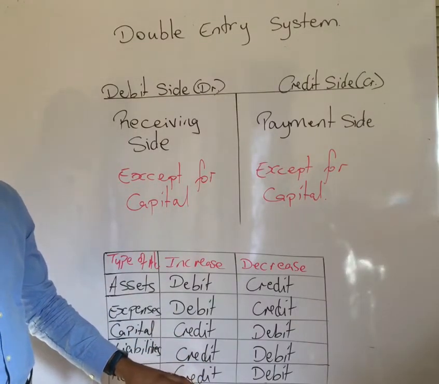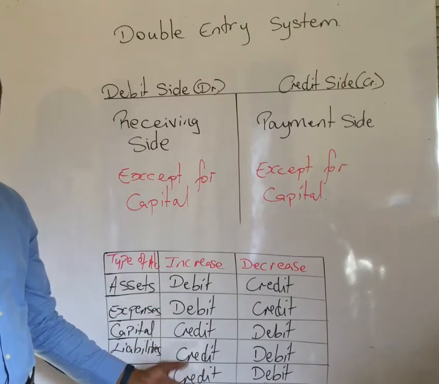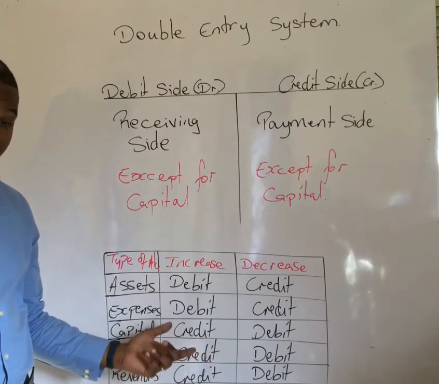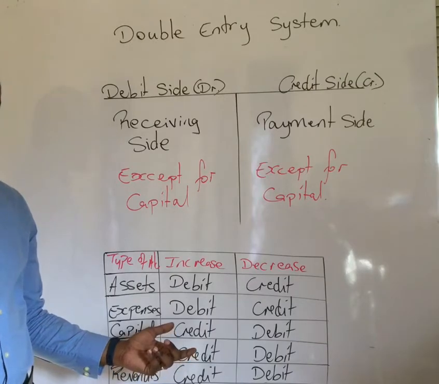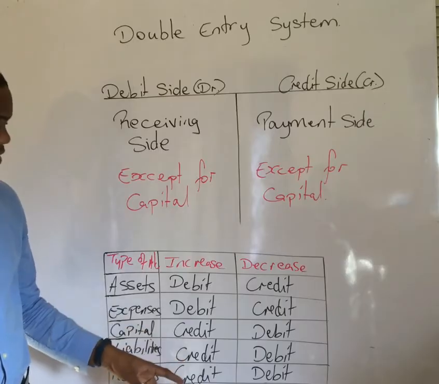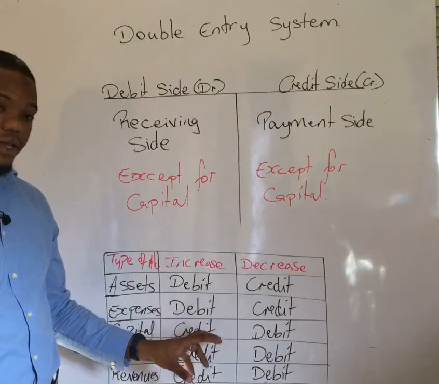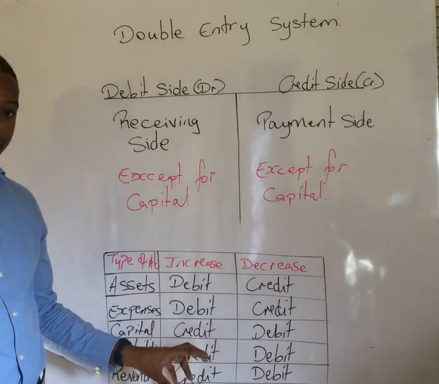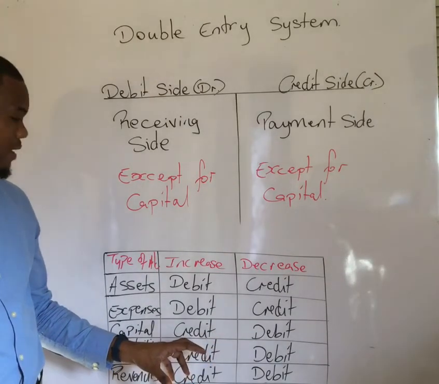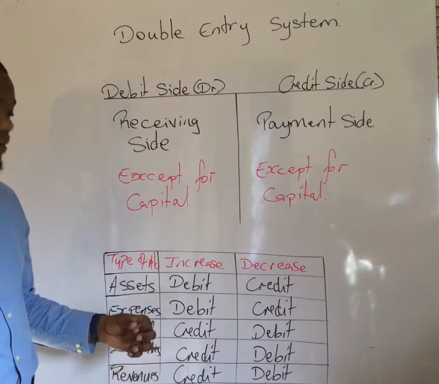When you go to college or university, this is the way that they will teach you, or the way that they will expect you to understand the double entry system. So while you are preparing for your CSEC exams, I would advise that you try your best to understand it this way. If you understand it this way, then you would have no problem making entries in the double entry accounts.